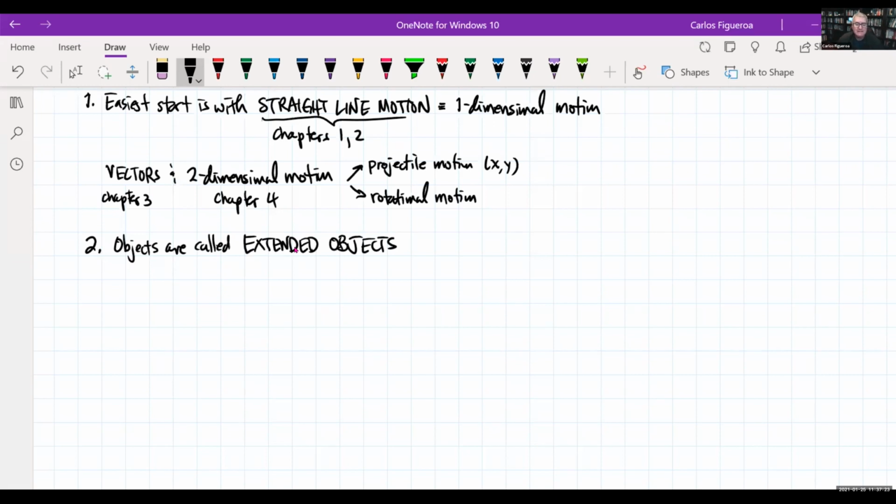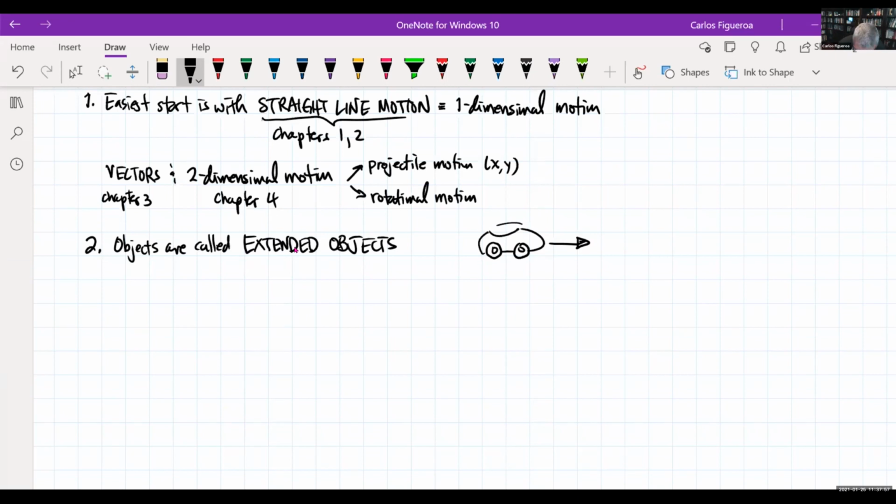What I mean by an extended object is that if you want to look at the motion of a car, note that the car has multiple pieces to it: there's the front of the car, the middle of the car, the back of the car. So when I look at a car here, moving in this direction, we don't want to talk about the front, the back, or the middle of the car.